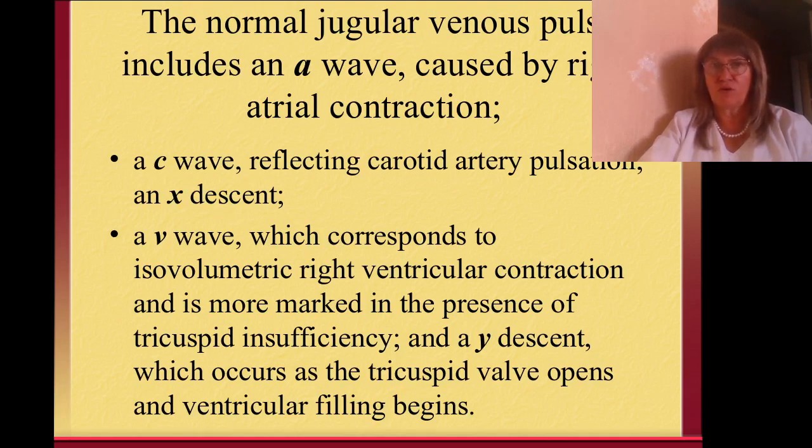The normal jugular venous pulse includes an A wave caused by right atrial contraction, a C wave reflecting carotid arterial pulsation, and the X descent. The V wave corresponds to isovolumetric right ventricular contraction and is more marked in the presence of tricuspid insufficiency, and the Y descent occurs as the tricuspid valve opens and ventricular filling begins.